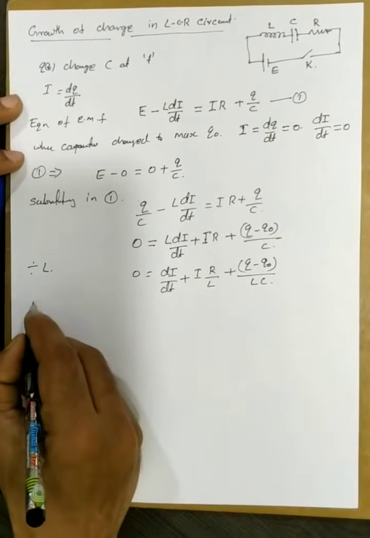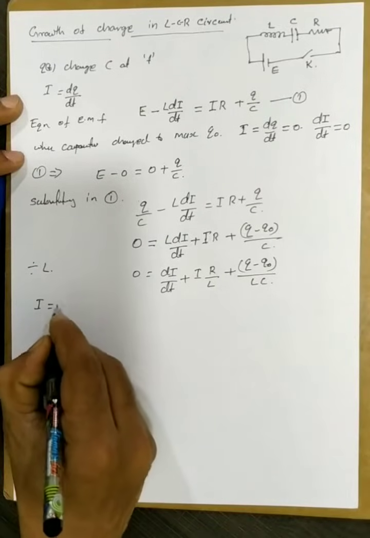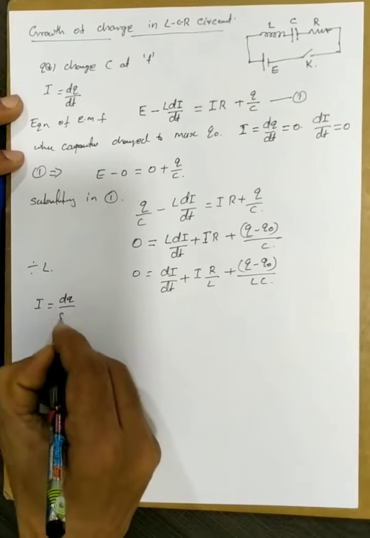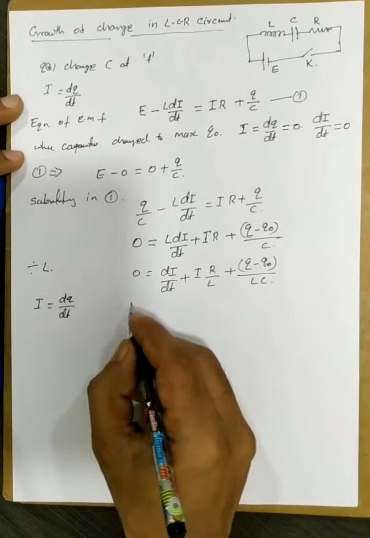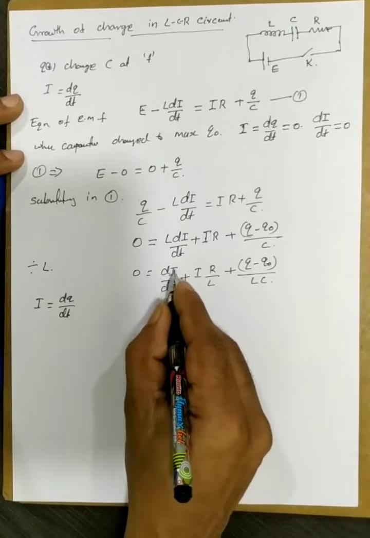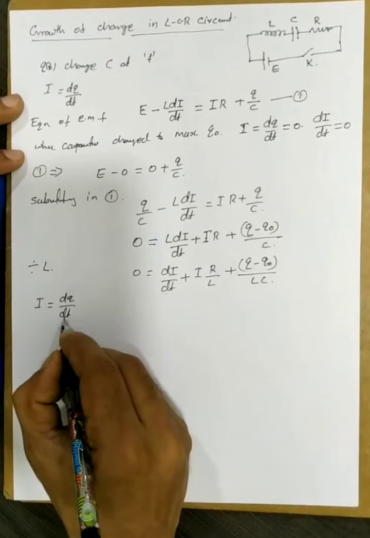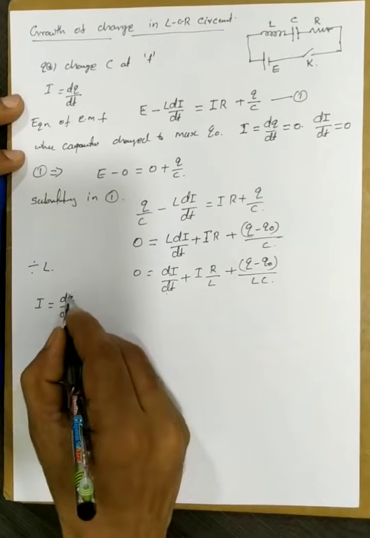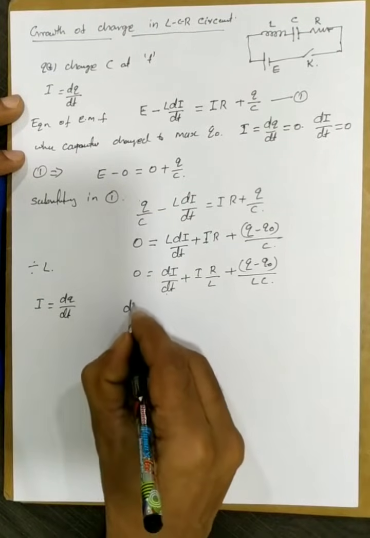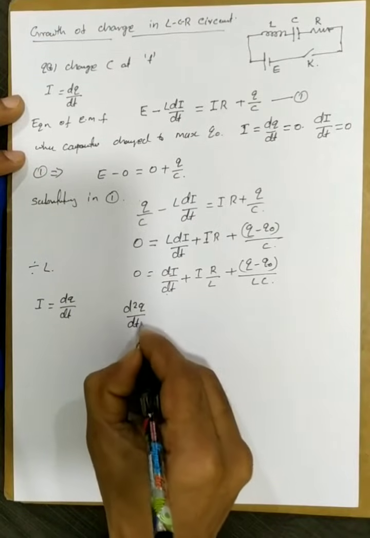Now substitute for I, we know I is equal to dq by dt. So for the first term, di by dt, we have I equal to dq by dt, so d by dt of dq by dt is the second derivative, d square q by dt square.